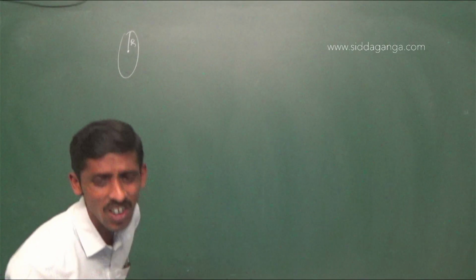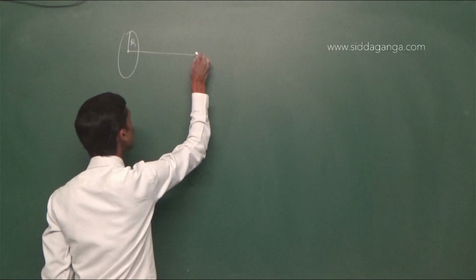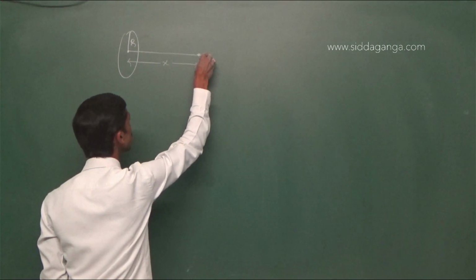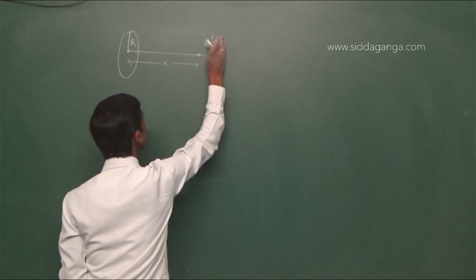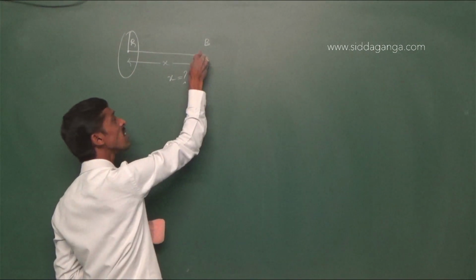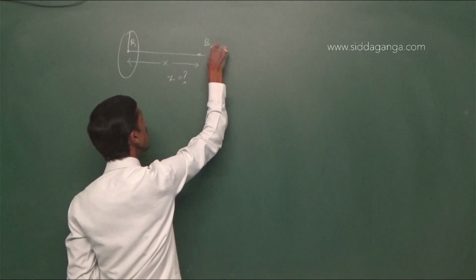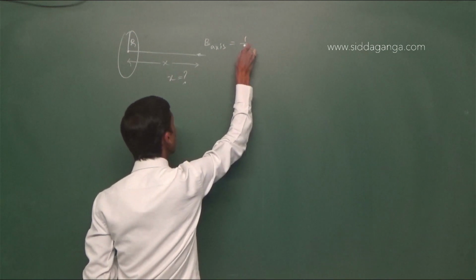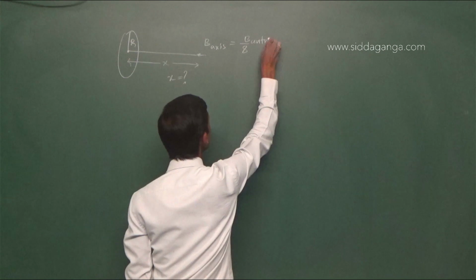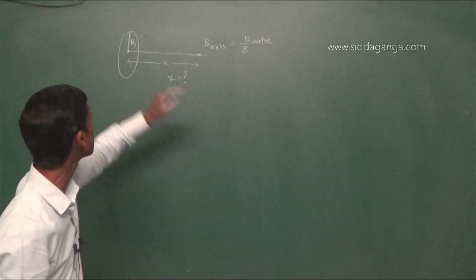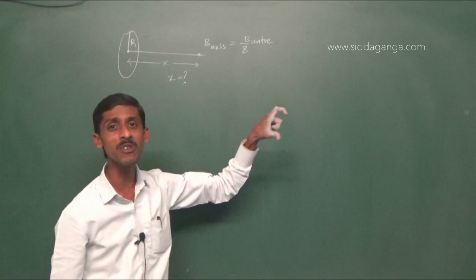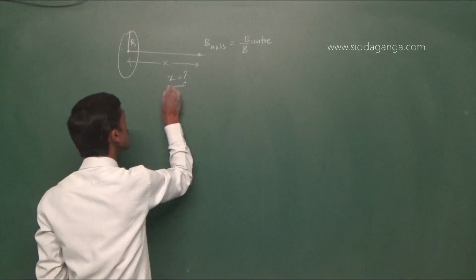Due to this circular coil, at what distance on the axis is the magnetic field equal to 1/8 times the magnetic field at the center? We know the magnetic field due to a circular coil is maximum at the center. At what distance on the axis do we get 1/8 times the field at the center?